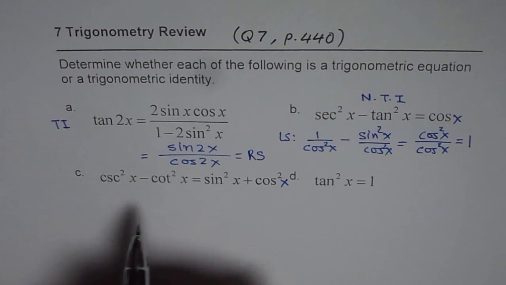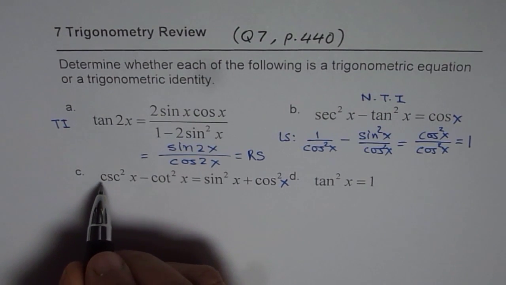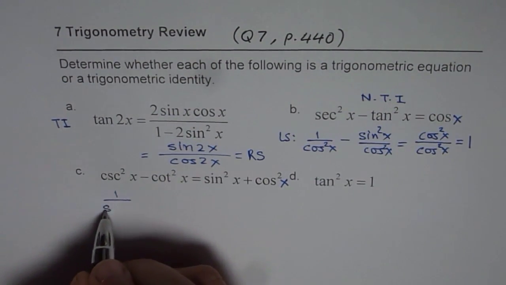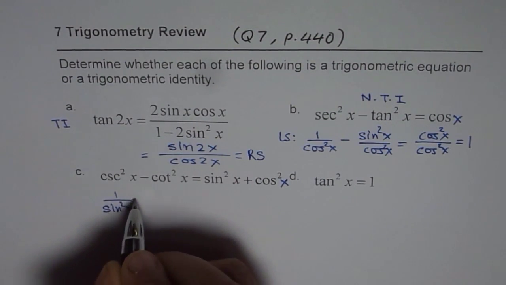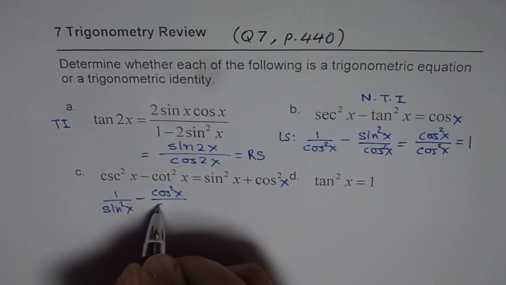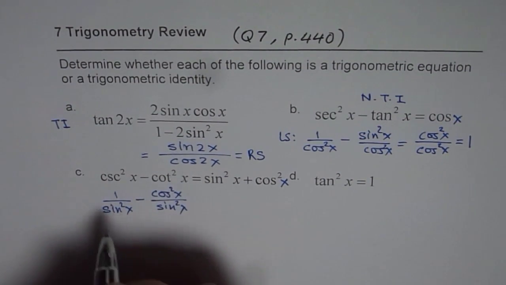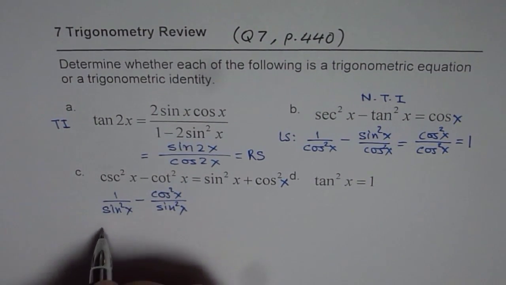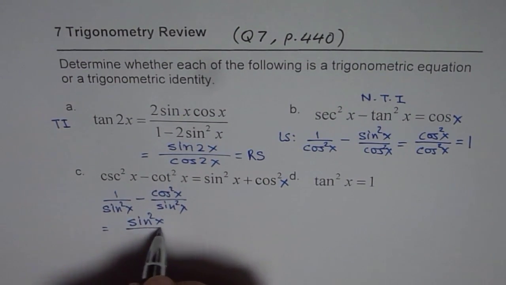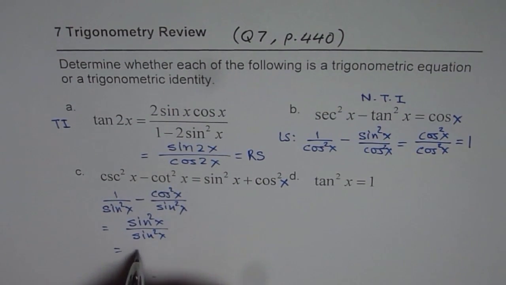I could have just said yes it is, but we'll write cosecant squared x as 1 over sin squared x minus cot squared x, which is cos squared x over sin squared x, correct? So we have 1 minus cos squared x, which gives us sin squared x, correct? So we have sin squared x over sin squared x, which is indeed equal to 1.